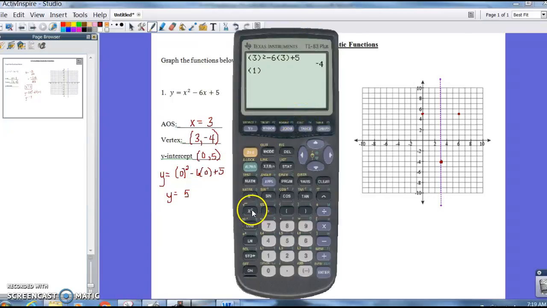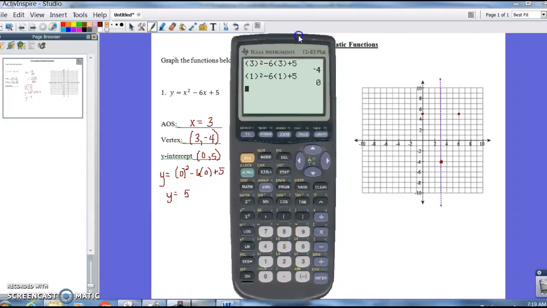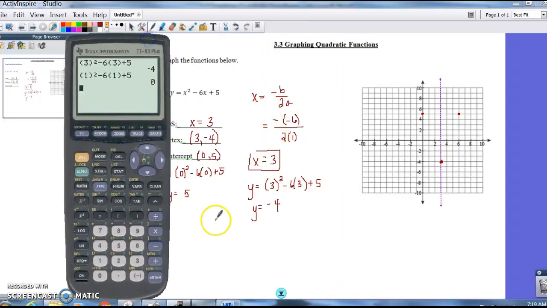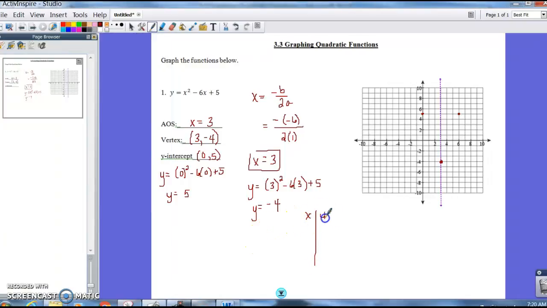So 1 squared minus 6 times 1 plus 5. And that would be 0. Okay, so if I plug 1 in for x, I get 0 for y. So I go to 1, 0. So I know that's a point on my graph.